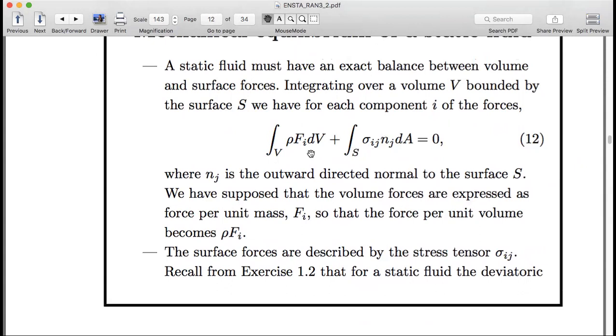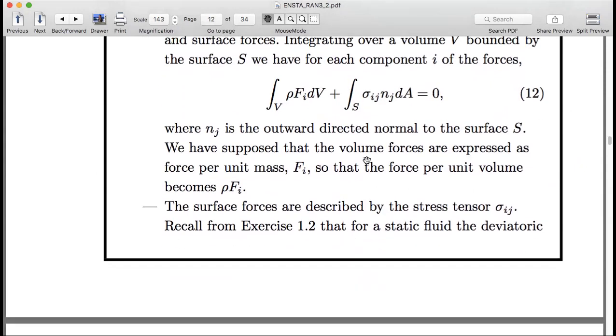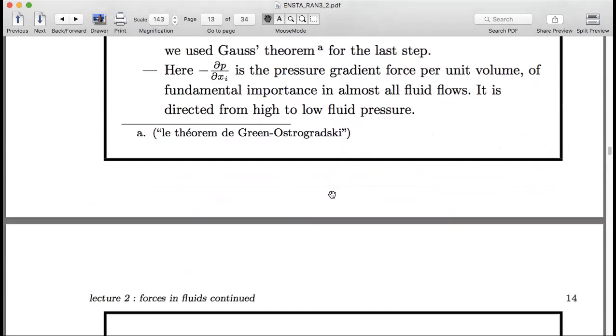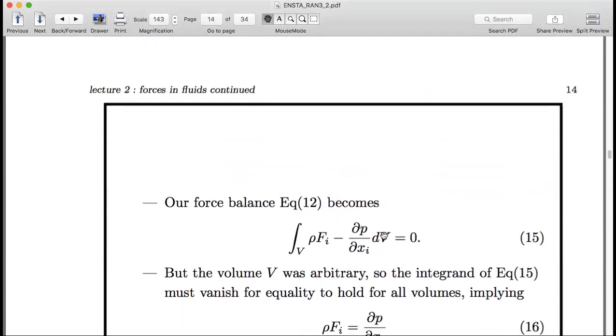But now we have two volume integrals here. If we replace the surface integral with the volume integral, we have two volume integrals. So this is the second volume integral. So I can combine them into one volume integral.